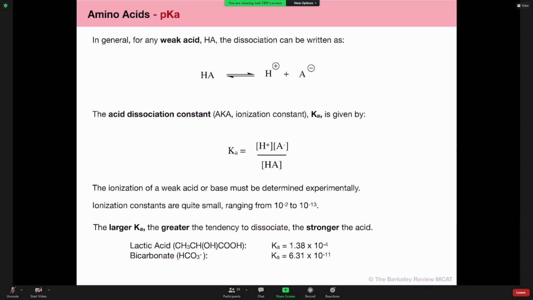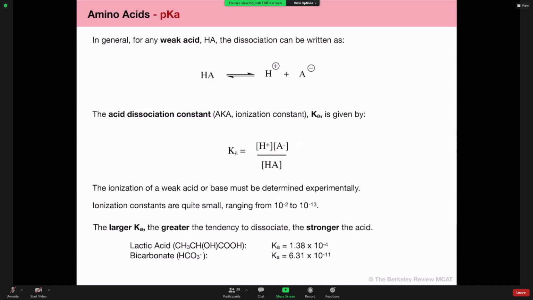So typically in a biological system, it's going to be somewhere between 10 to the negative 2 to 10 to the negative 13. Okay, right? And so what this means is the larger the ionization constant, the greater the tendency to dissociate. Okay, the stronger the acid. So you can picture, the bigger this number is, the greater the tendency to dissociate, with more of these.